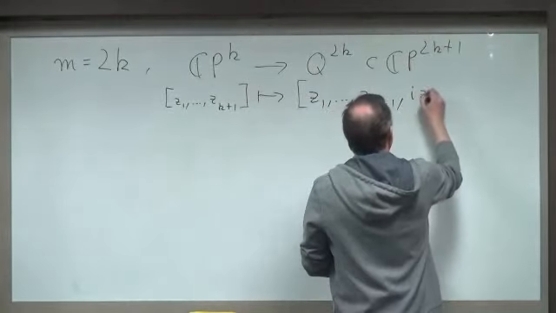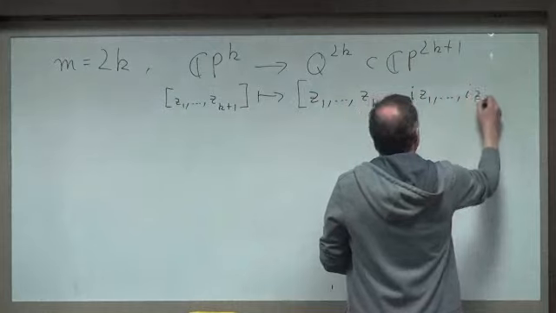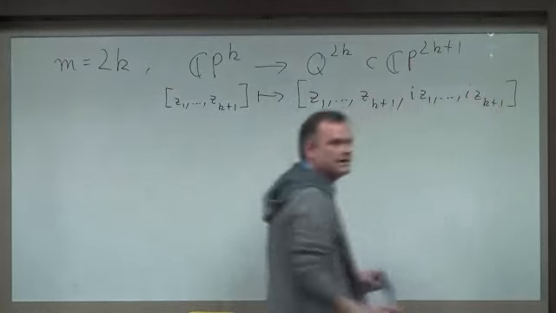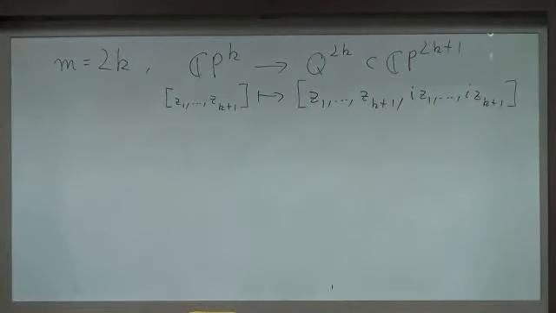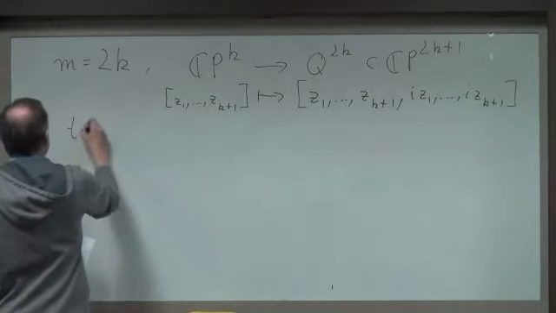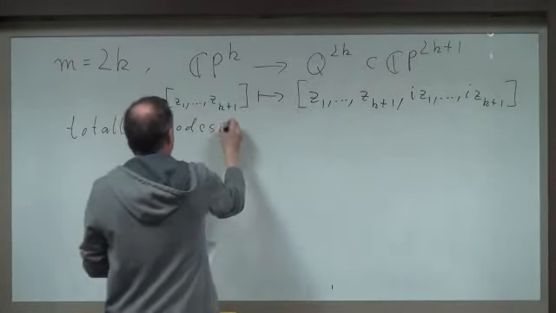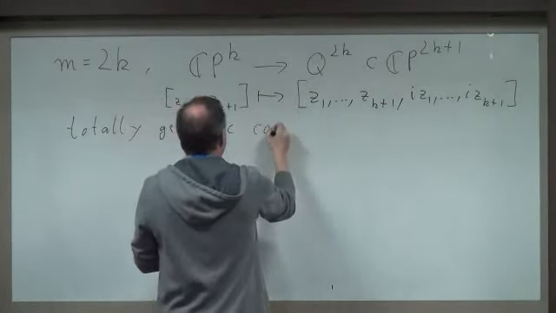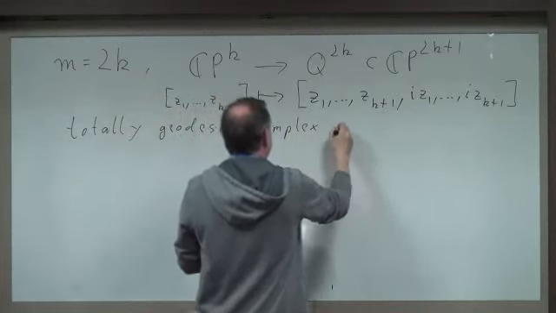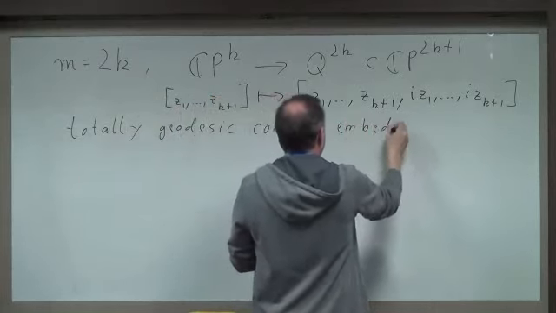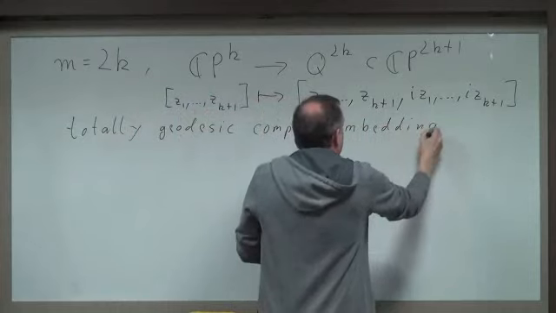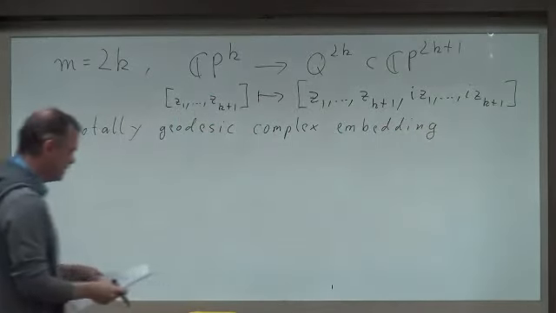Yeah, so it's i times z1 to i times zk plus 1. And this is a totally geodesic complex embedding.